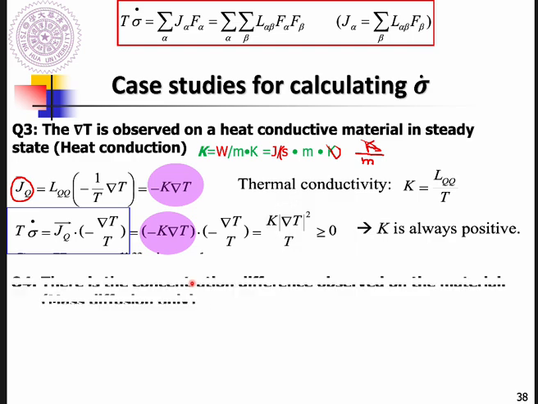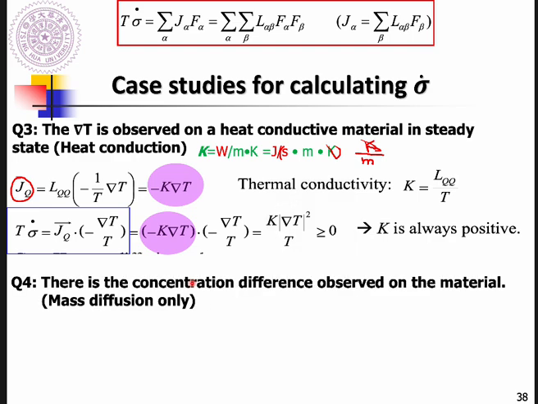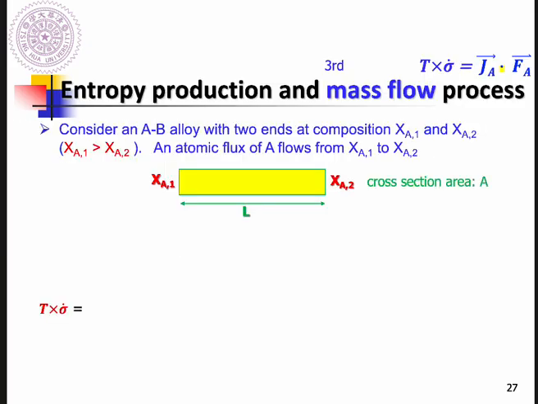And the other question would be, if there's a concentration difference observed in your material, which is probably the case we mentioned before. For example, we do have concentration variations along these materials, and composition A here, XA1, is larger than XA2.